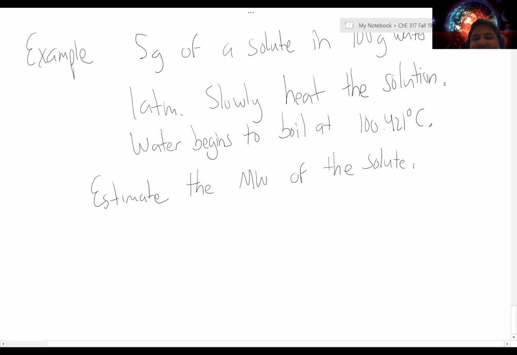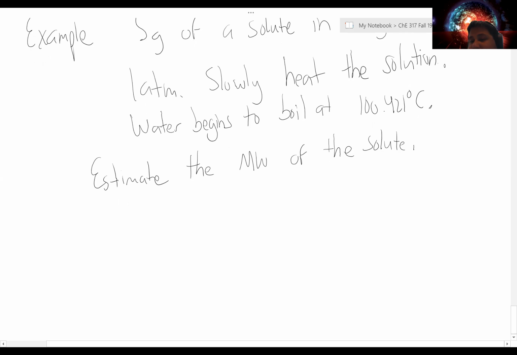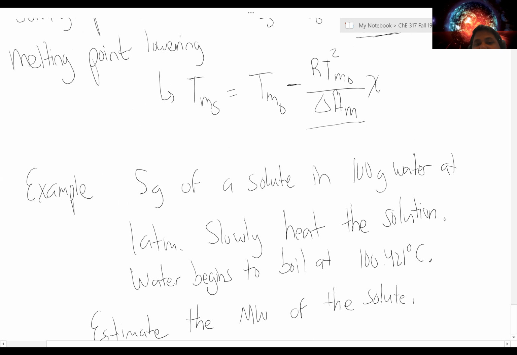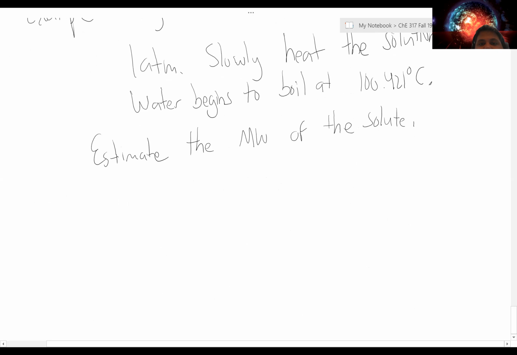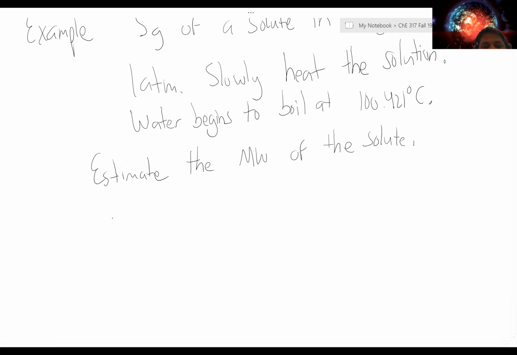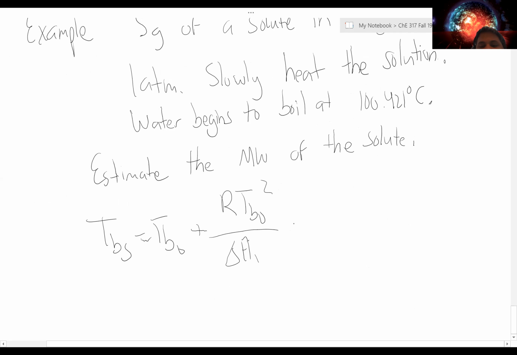We would like to see if we can estimate the molecular weight of the solute. Well, from the expression I gave above, the boiling point is equal to the normal boiling point plus R, the ideal gas constant, times the boiling point squared over the enthalpy of vaporization times the mole fraction of that solute.